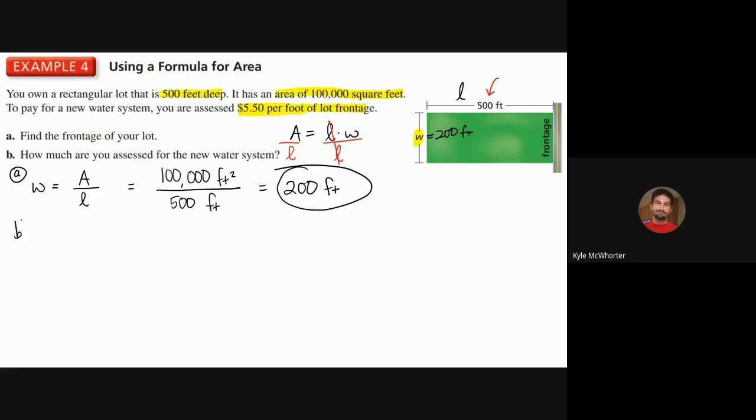For part B, how much are we going to be assessed for the new water system? They're charging us $5.50 per foot of frontage. Our frontage width is 200 feet. So 200 feet times $5.50 per foot.